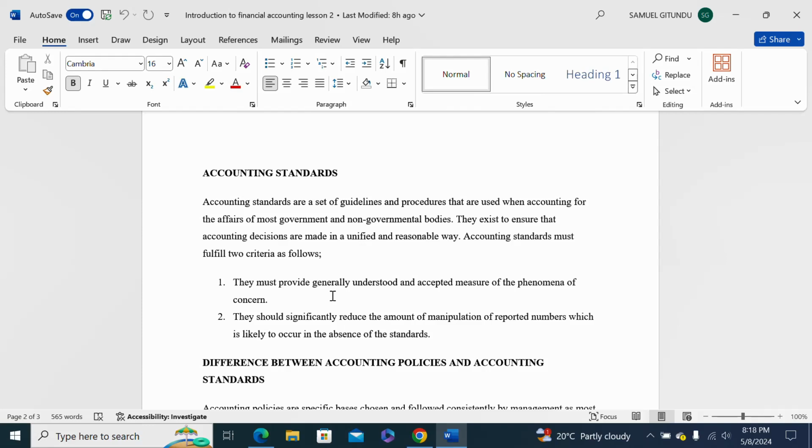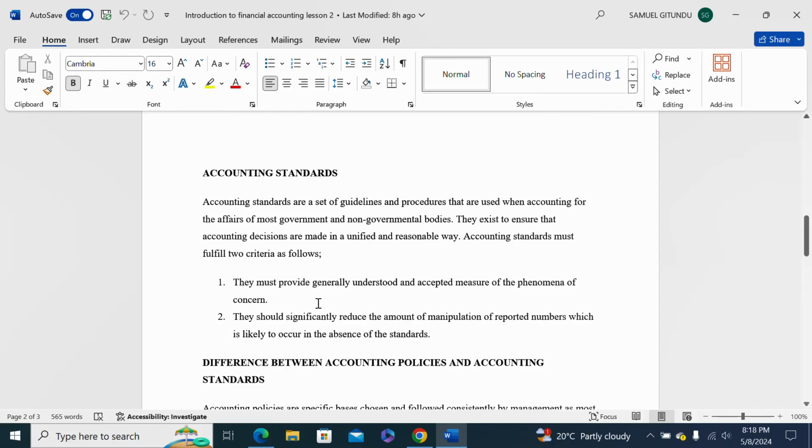So with that accounting standard being there, all accountants understand, when they go into a business and are told to measure the inventory, that the inventory is going to be measured at cost or net realizable value.